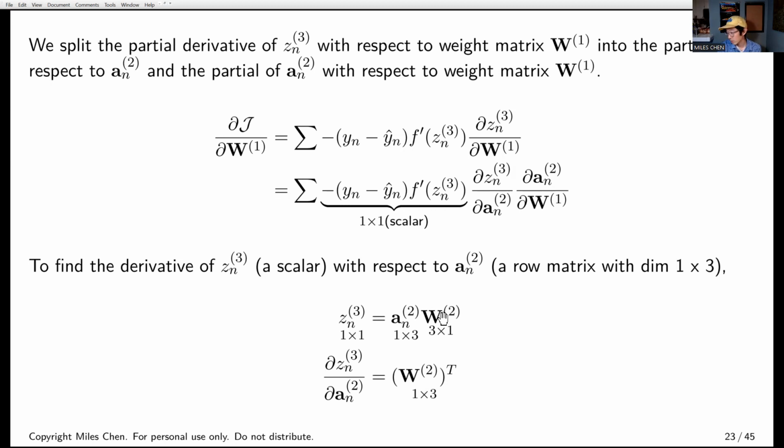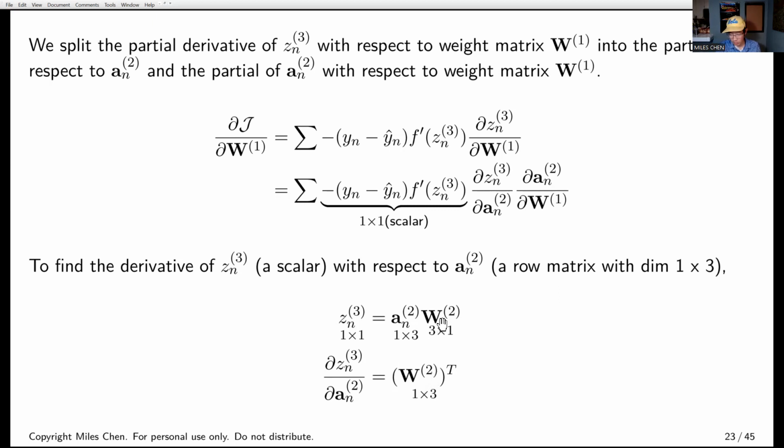So z sub n is the result of taking our nth observation, our nth row in A, and multiplying it by that second weight matrix W. And so therefore, the gradient of z sub n with respect to changes in a sub n is going to be W2 transpose.